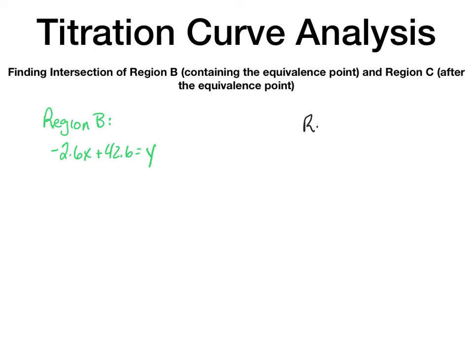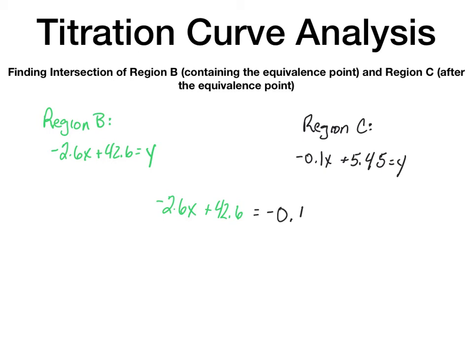And for region C, my equation is negative 0.1x plus 5.45 is equal to y. And so I'm going to set these two equations equal to each other. So I get negative 2.6x plus 42.6 equals negative 0.1x plus 5.45.